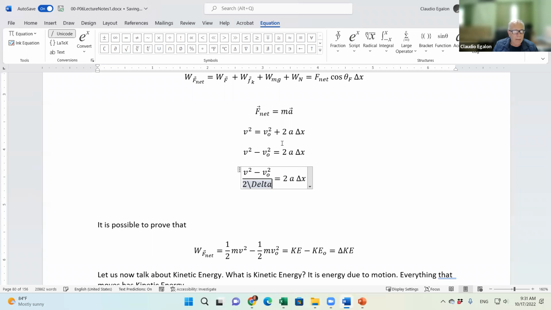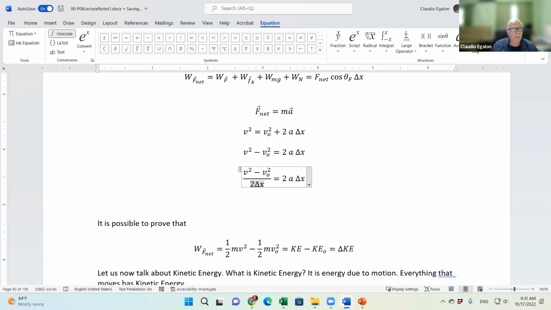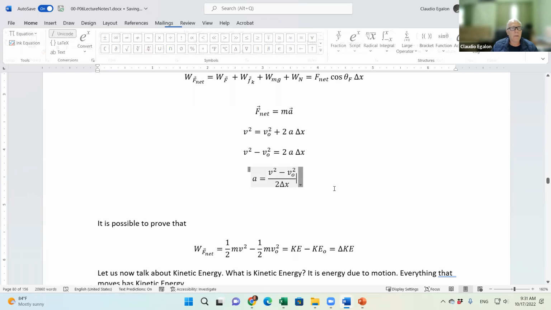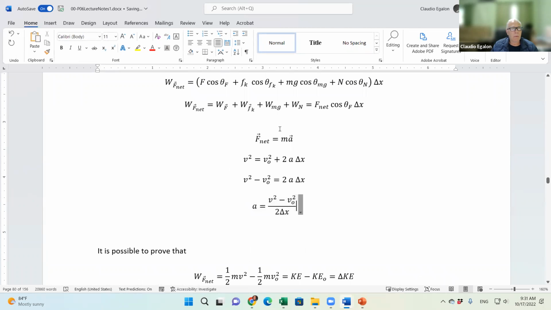Why am I doing that? There's a reason I'm doing that. I'm doing that because there's an acceleration in this equation for the net force.